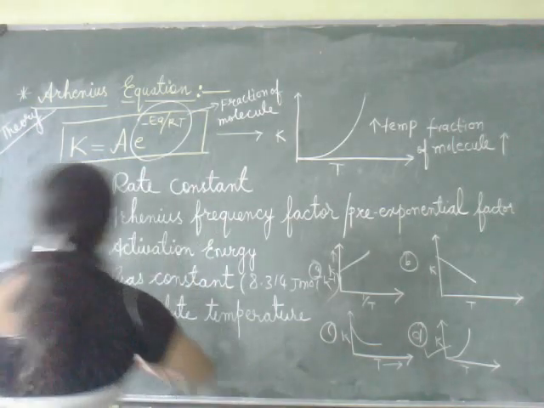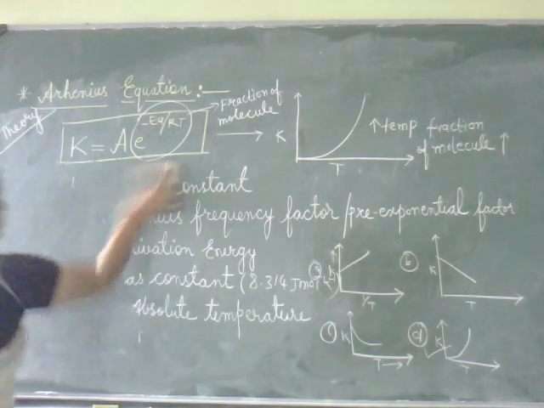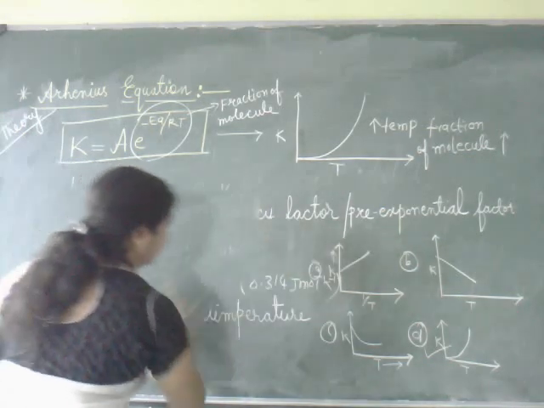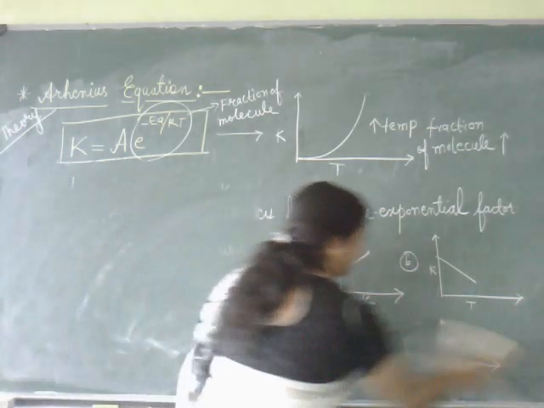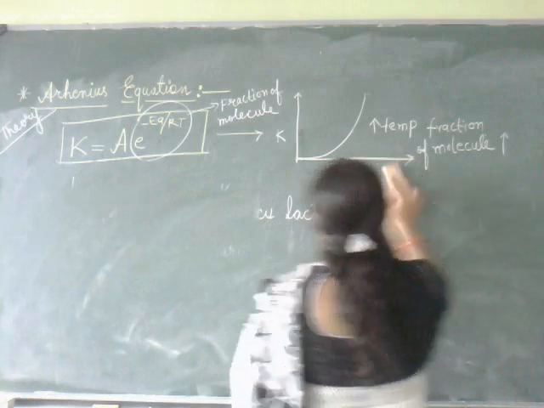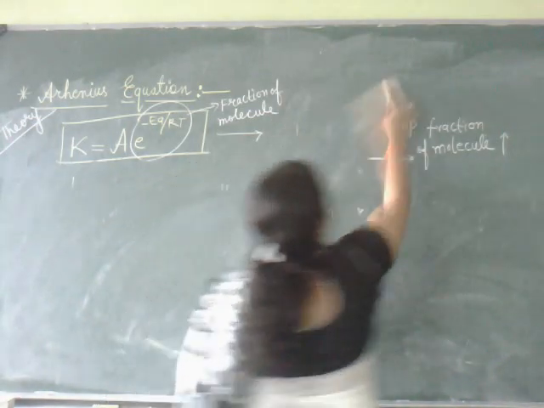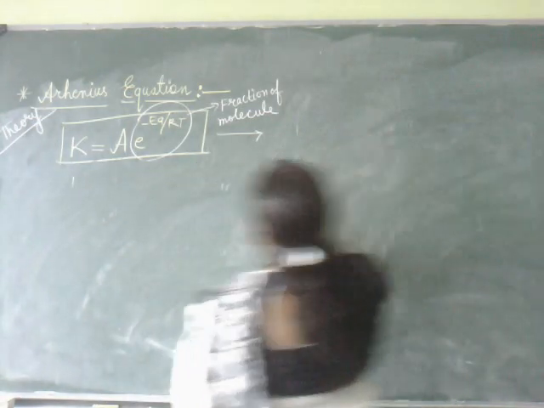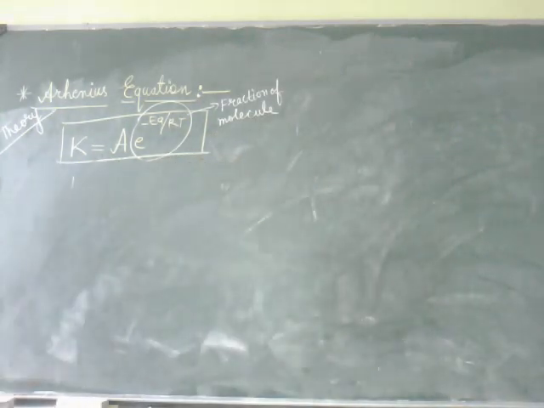Now see here, these questions for 2 marks will come in theory: write the Arrhenius equation and write the terms present in it. This graph will not come in theory; this graph was asked in JEE 2010.